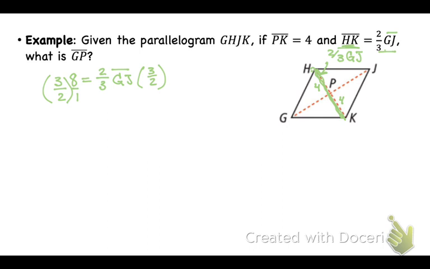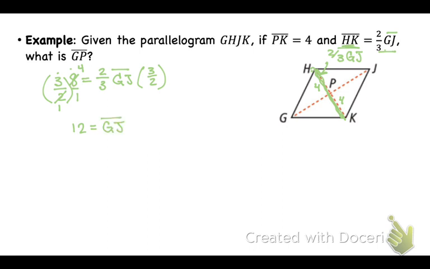We can reduce up and down and diagonally. So does 2 go into 8? Yeah. How many times? 4. So 2 goes into 2 once. 2 goes into 8, 4. So 1 times 1 is 1, so it's a whole number. 3 times 4 is 12. So 12 equals GJ.